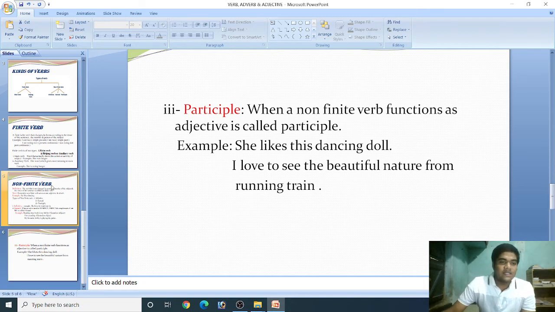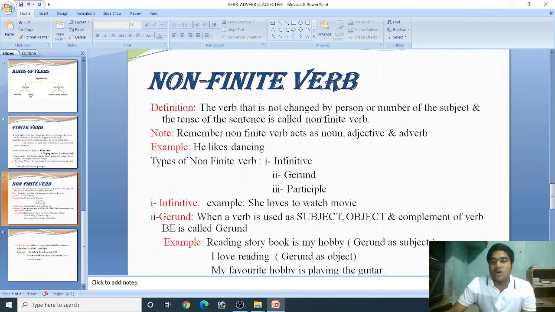Just understand, a non-finite verb does not change if there is a change in the tense of a sentence, as I have talked about. I hope you have understood. Non-finite verbs are of three types: infinitive, gerund, participle.